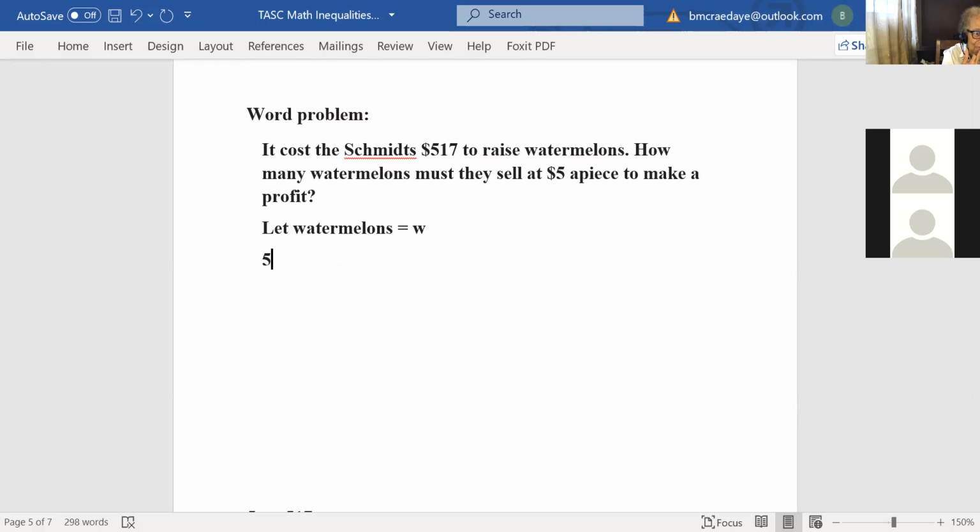The $5 a piece for the melons, we're letting the watermelons be represented by W. So it's going to be 5W, 5 times the number of watermelons. And they want to raise $517. So what would be our inequality symbol?